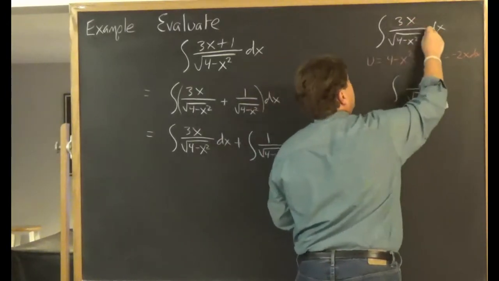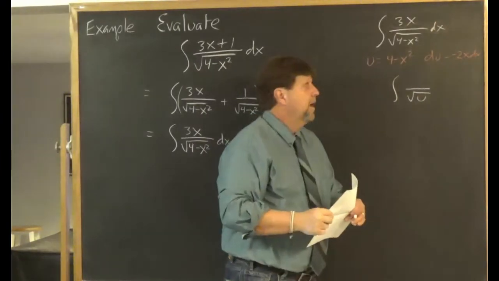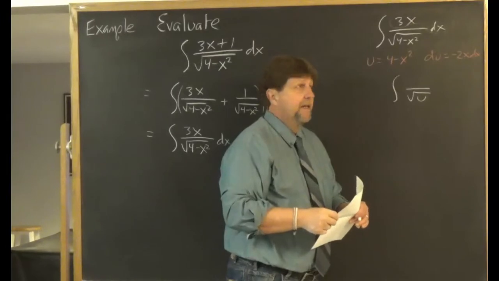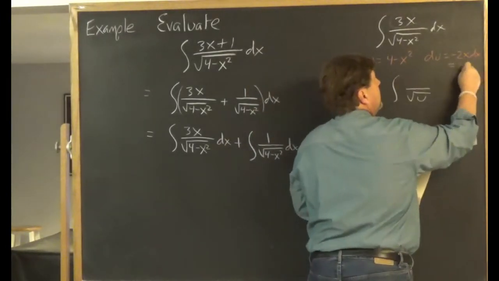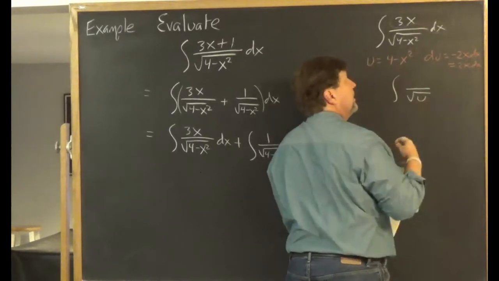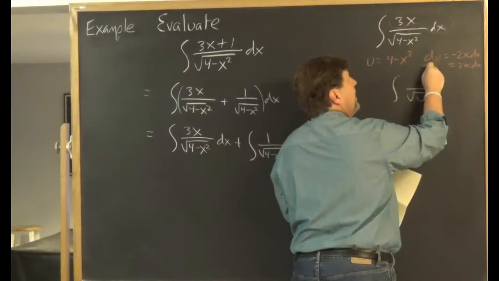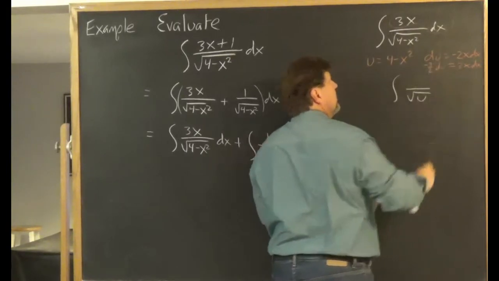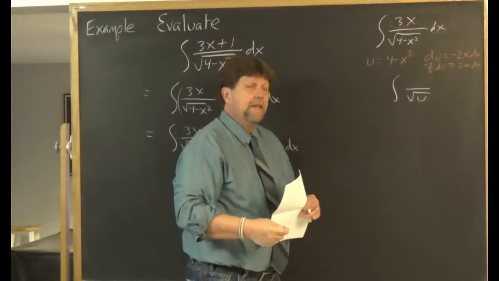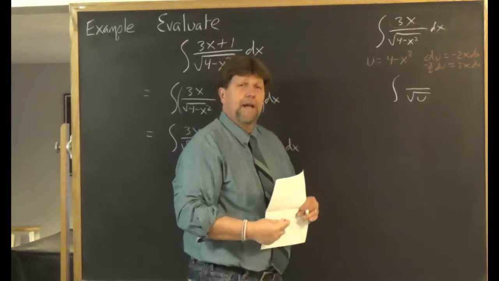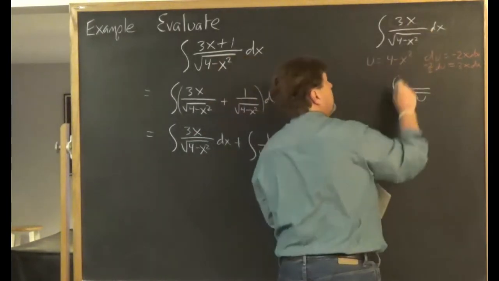And then the 3x dx, well, du doesn't equal 3x dx. du equals negative 2x dx. But to see a 3x dx, just multiply both sides of the equation by negative 3 halves. So negative 3 halves du equals 3x dx.